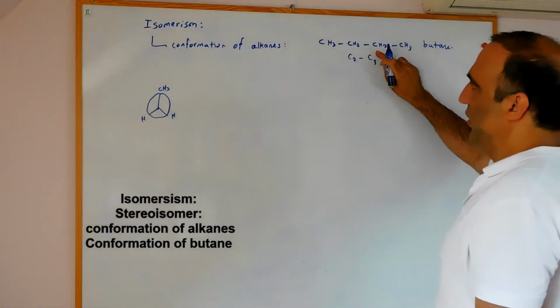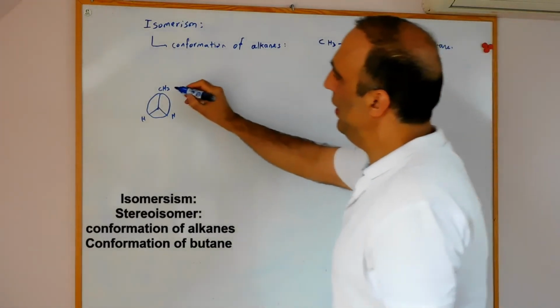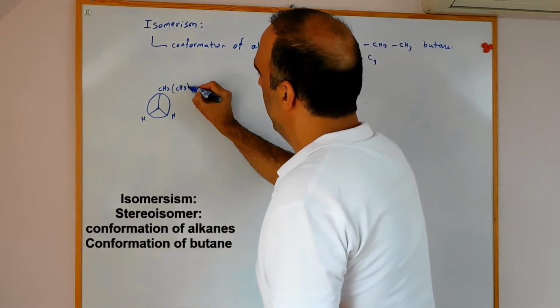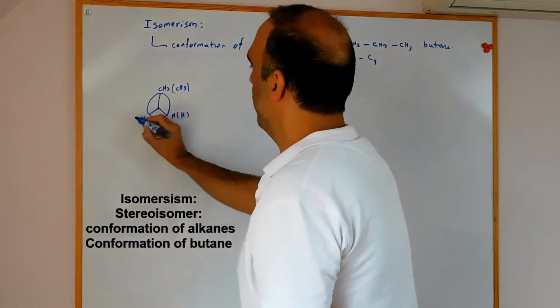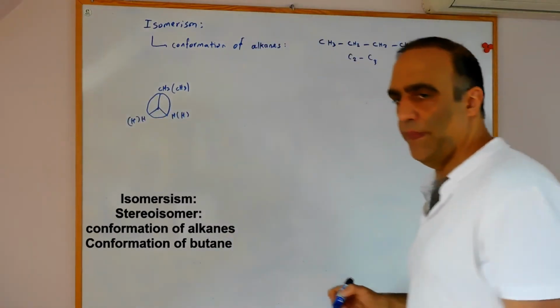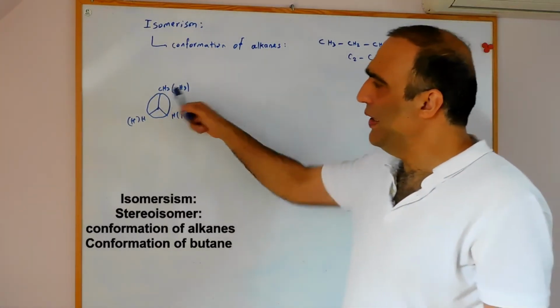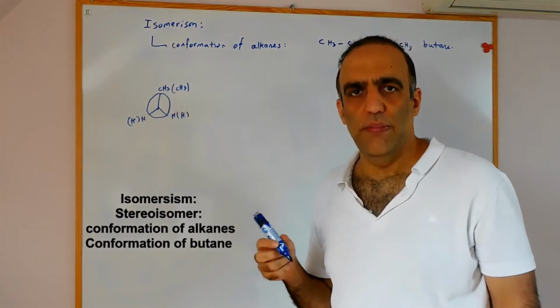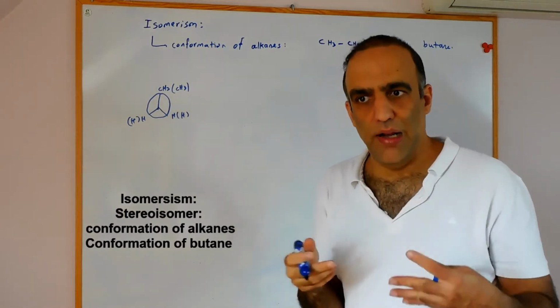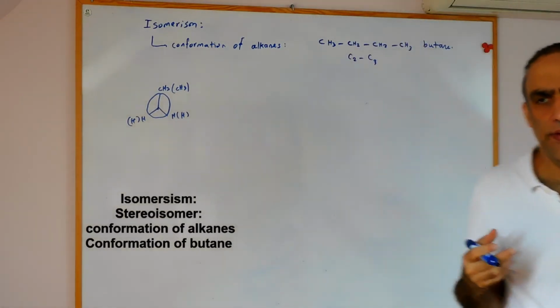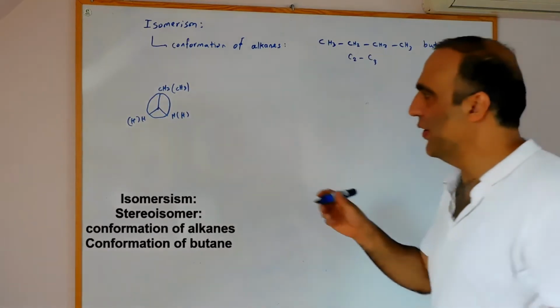It is carbon 3, which binds to one methyl, and carbon 4 also binds 2 hydrogens. As you see here, 2 methyl groups are behind each other and close to each other, higher repulsion, and it is syn periplanar.